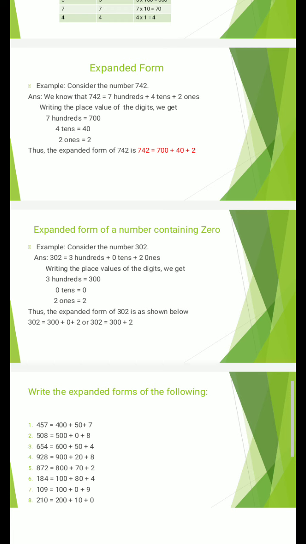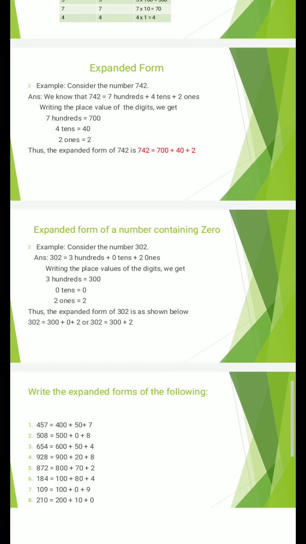In 302, 3 is on the hundreds place, 0 is on the tens place, 2 is on the ones place. So we have to write 302 equal to 3 hundreds plus 0 tens plus 2 ones. Writing the place value of the digits, the place value of 3 is 300, the place value of 0 is 0, the place value of 2 is 2.